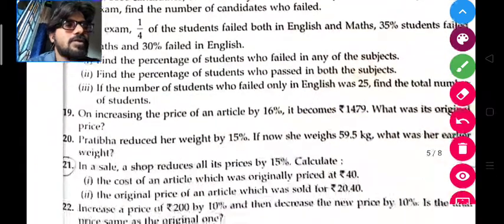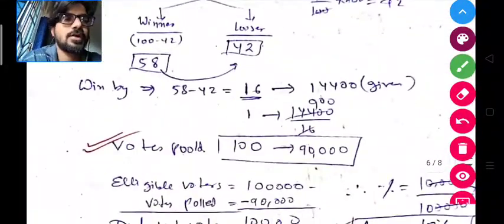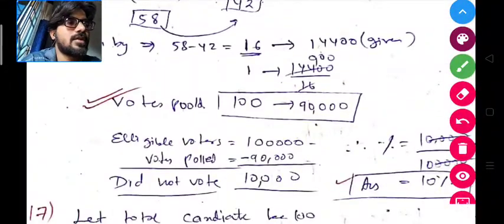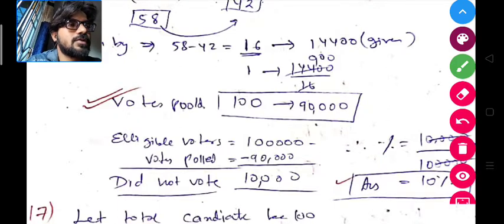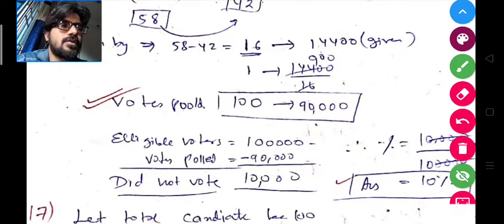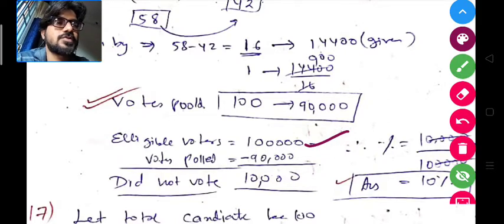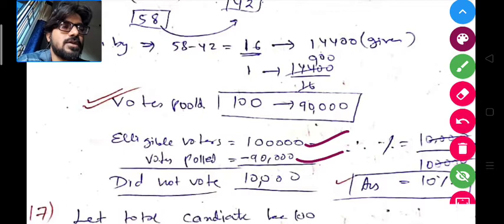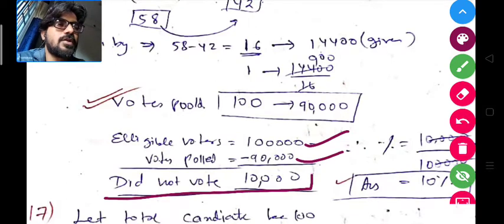So from 1 lakh you have to subtract 90,000, that is the number of people who did not vote in the election. So 1 lakh minus 90,000 is 10,000 people who did not vote.